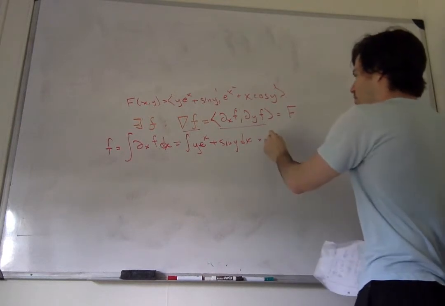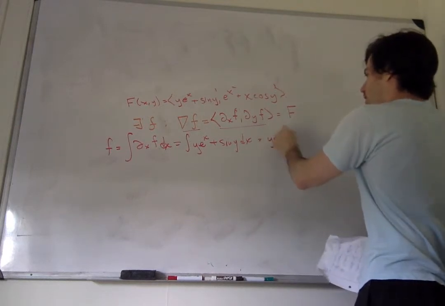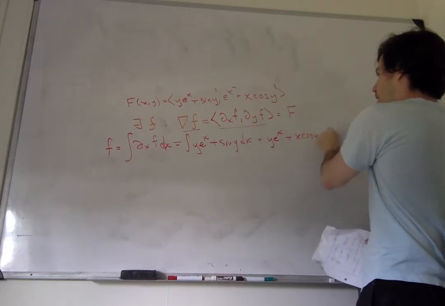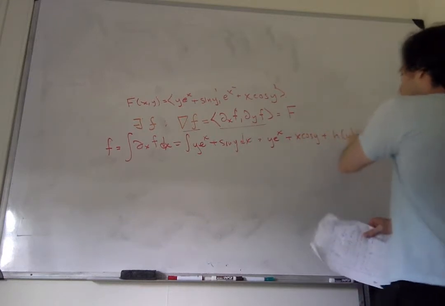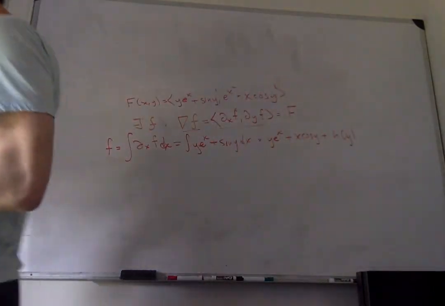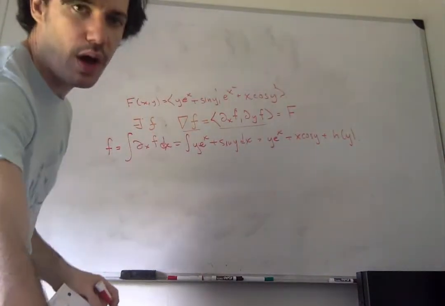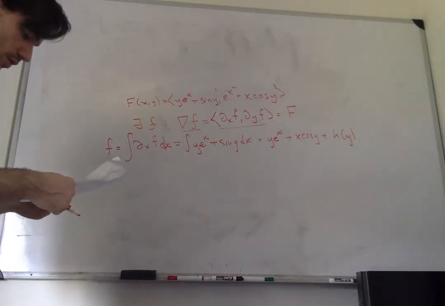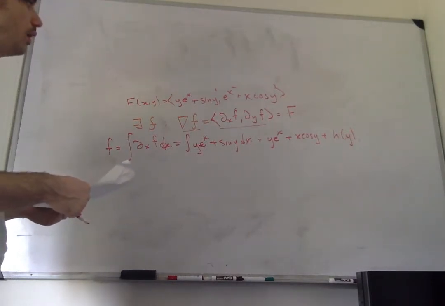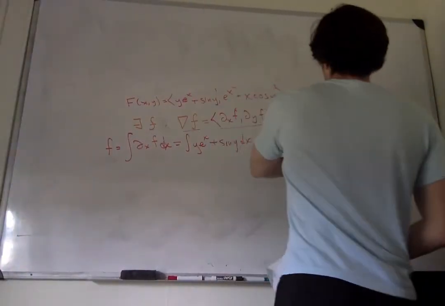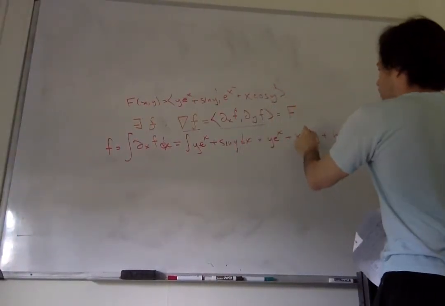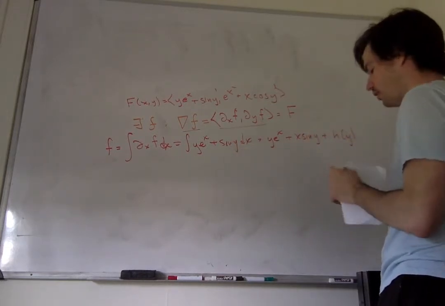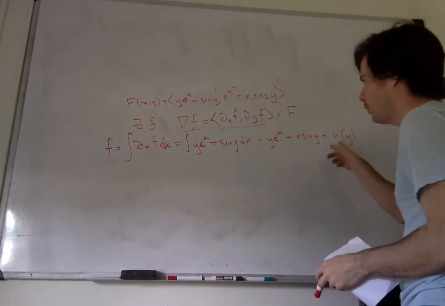Okay, so this is y e to the x plus x sine y plus a function in terms of y. Well, I'm sorry, I copied that wrong, this should be sine y. So I'm integrating this with respect to x. And you might say, well, where did this h of y come from?